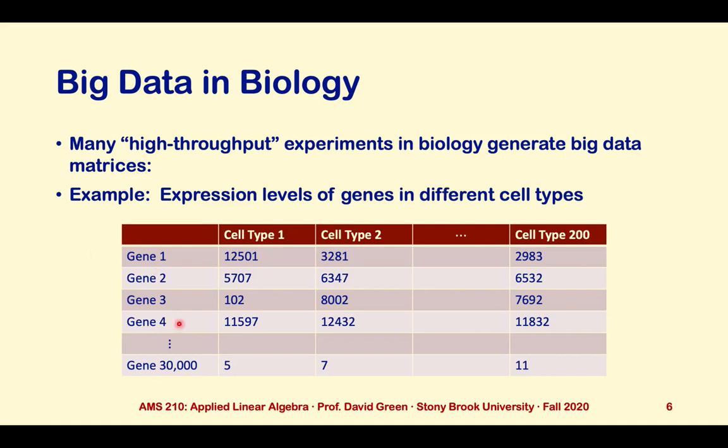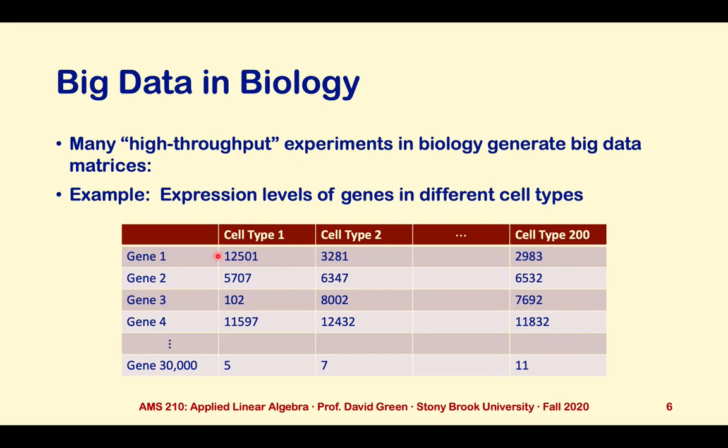There are about 30,000 different genes in the human genome, and so we might generate a table that has 30,000 rows. There are about 200 different cell types in the human body. So we might imagine a set of columns corresponding to the 200 different cell types.